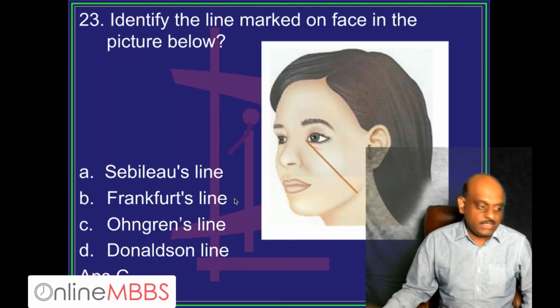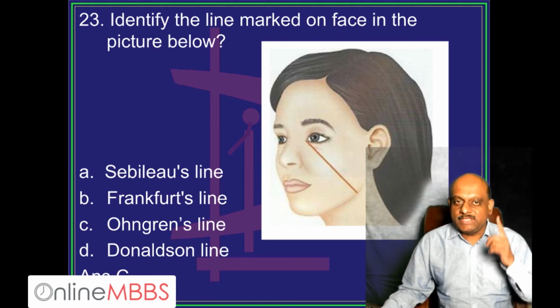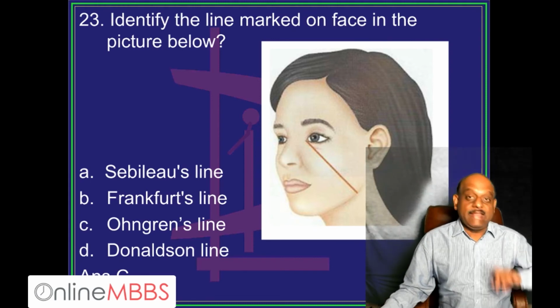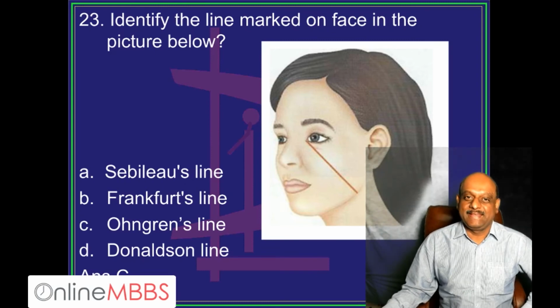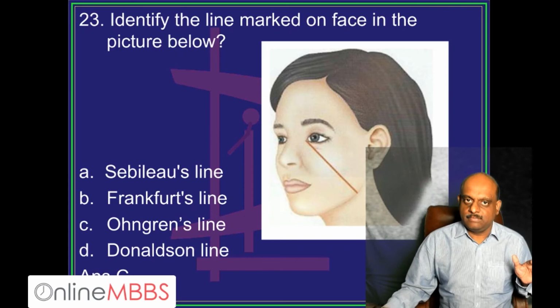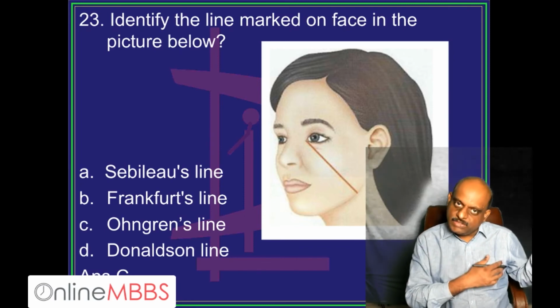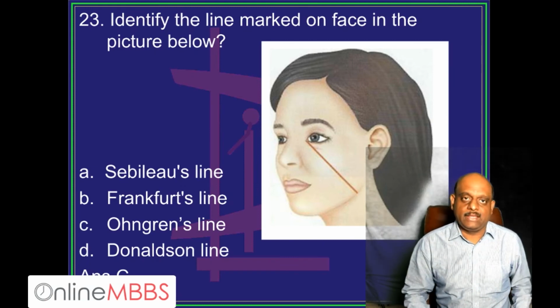Sweetie Ebenezer, for having come to this evening class today, definitely understood what Ongren's line is, right? In the ENT section of onlinembbs.com, carcinoma of the maxillary sinus and paranasal sinuses is one of the high yield topics.